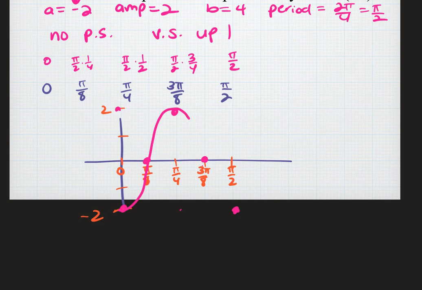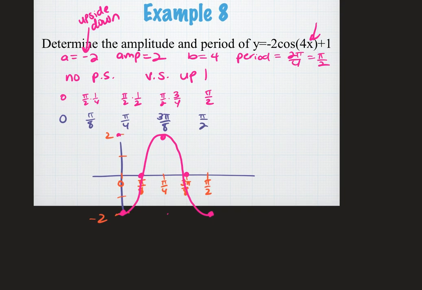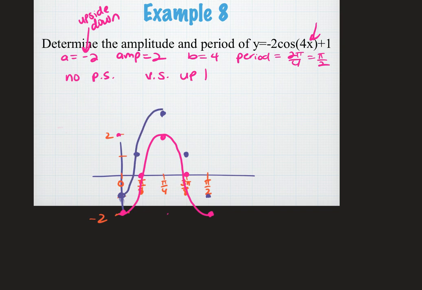And this is what it would look like before the vertical shift. And then my vertical shift is in what direction? Up 1. So I'm going to take this whole thing and shift everything up 1 unit. So this gets shifted up 1, up 1, up 1, up 1, up 1. And the ending curve would look like that.